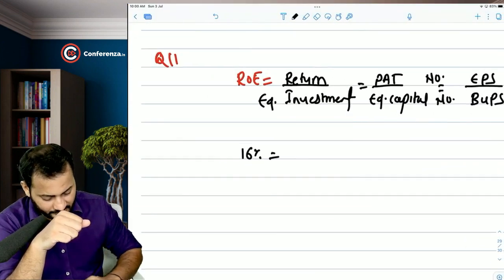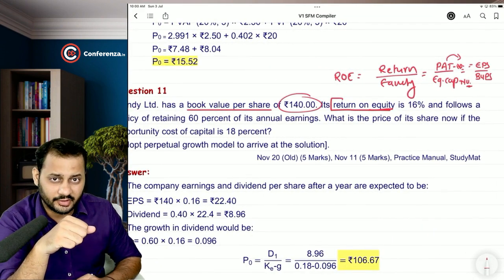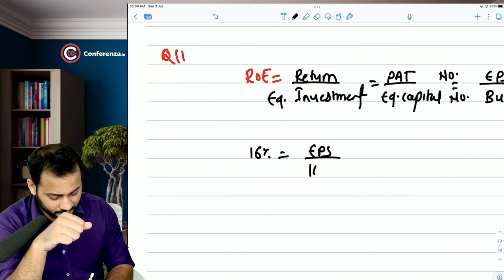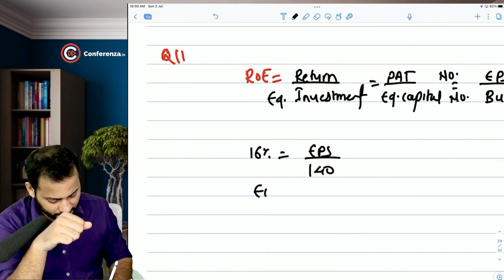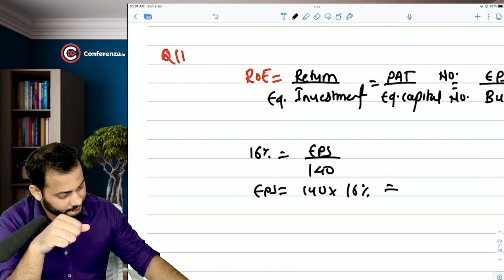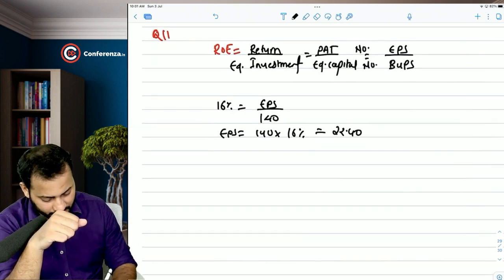Great. And now you can see the book value per share is given to you as 140. So with the help of this, you can calculate the EPS. Am I right? Good.